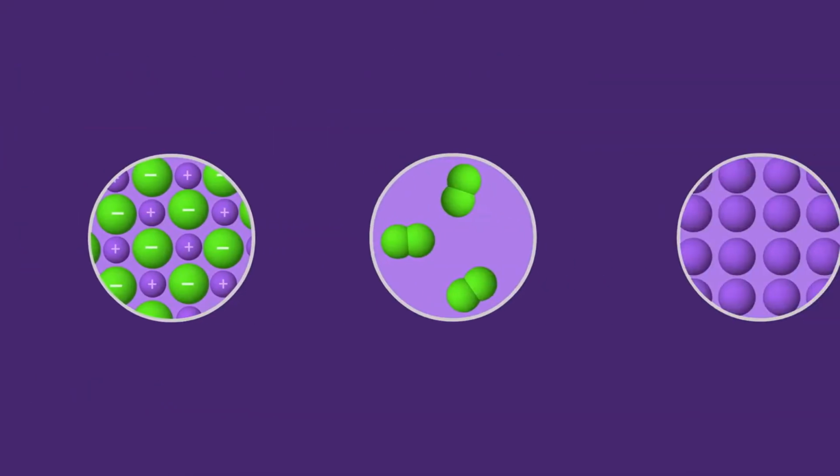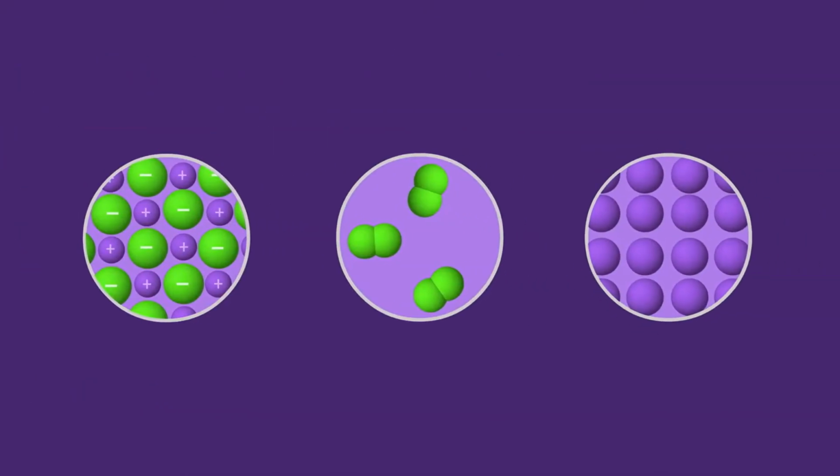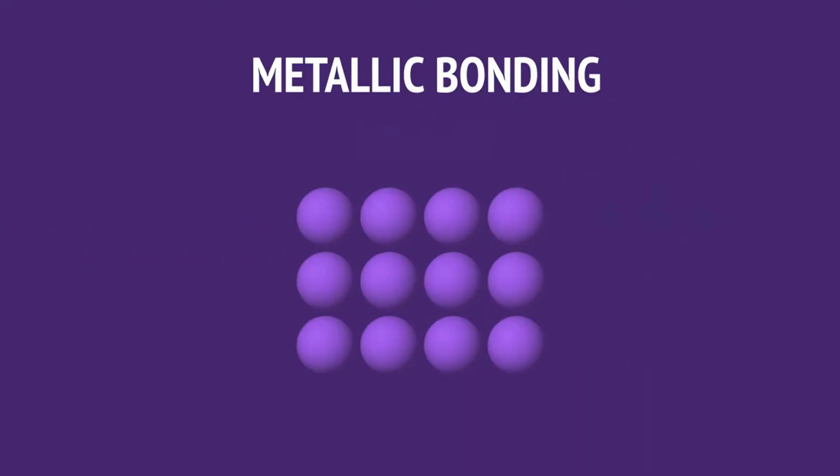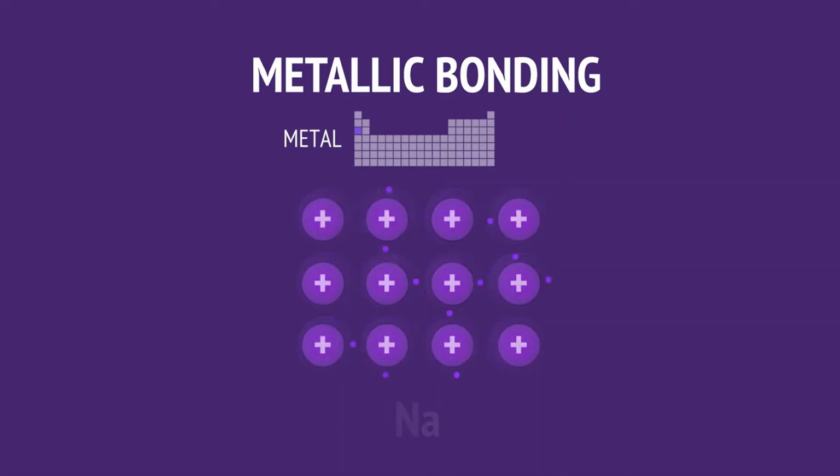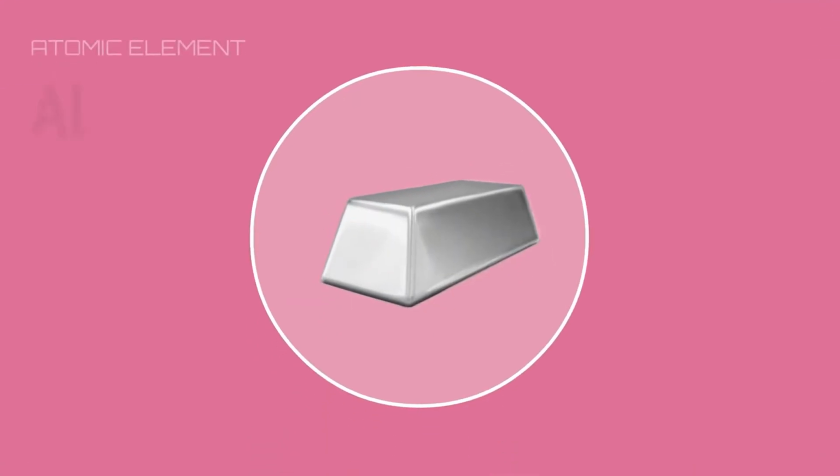In this video, we explore a third type of atomic bonding, called metallic bonding. This is the bonding that occurs between the atoms of a metal element. As we'll see, this bonding involves the free or delocalized outer electrons of the metal atoms and the attraction they have for the positive nuclei. So, let's take a close-up look at metallic bonding.